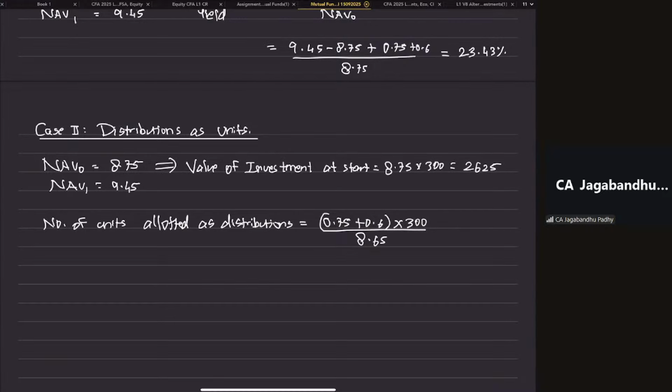Yes, because distributions are done by way of units and each unit is valued at 8.65 for distributions. It's coming 46.82. The number of units allotted as distributions is 46.82.